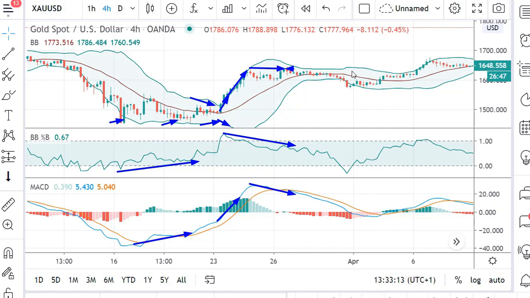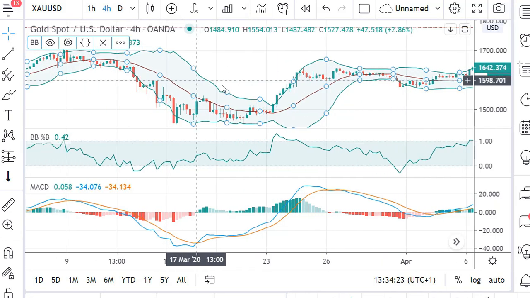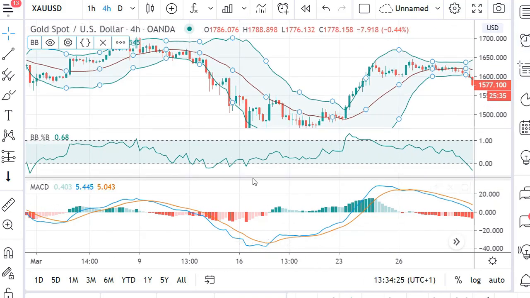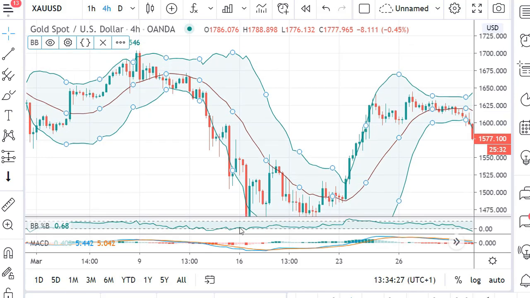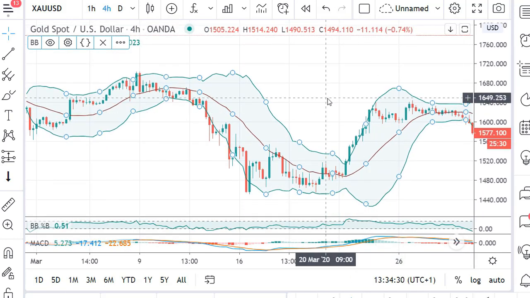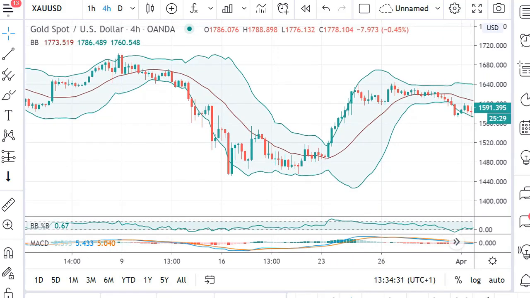So I hope this gives you a picture of how to use the Bollinger Band. I truly hope that you won't fall into the trap of just thinking that since the Bollinger Band is a statistical tool showing us that 95% of all the data should be inside the band, you just go long every time it's outside here and short every time it is outside here.